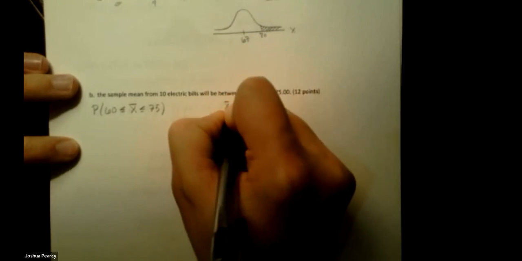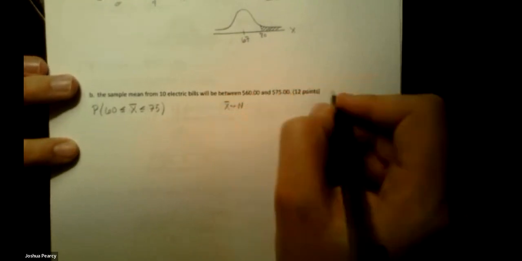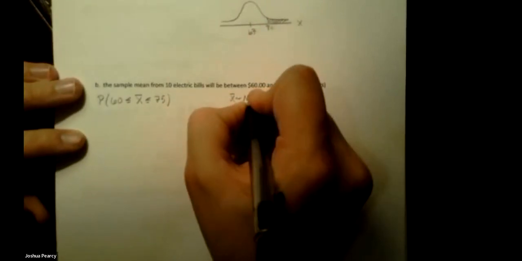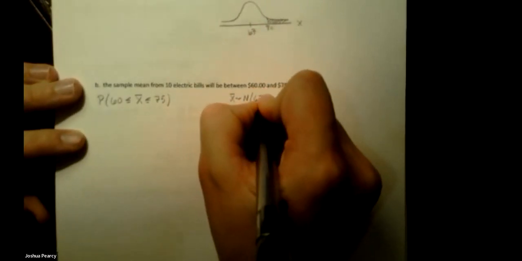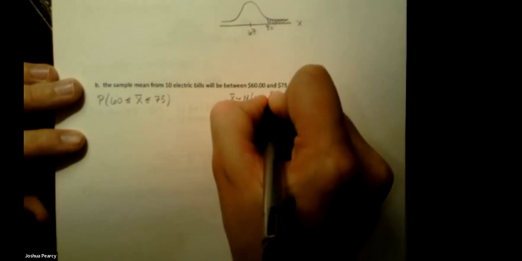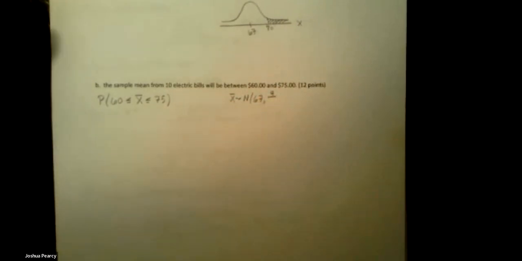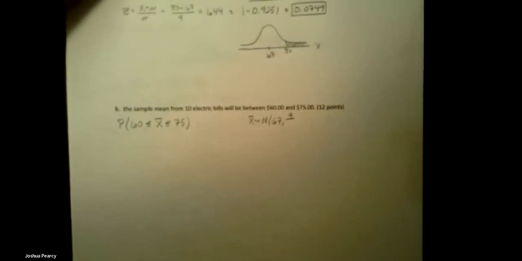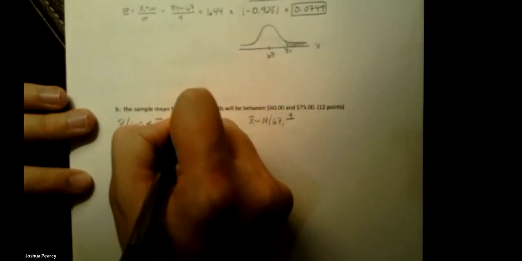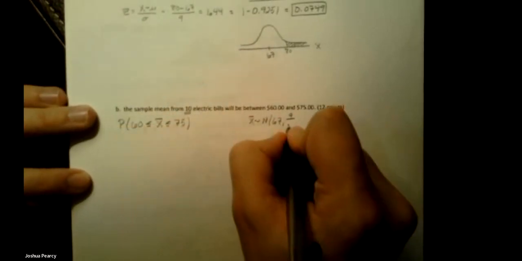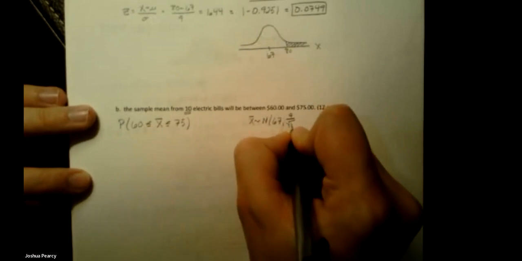The sample means are distributed normal, because our original variable is normal, with the same mean of 67, but a standard deviation of 9 divided by the square root of the sample size. We sampled 10 electric bills, so n is 10. So we have 9 over the square root of 10 as the standard deviation.